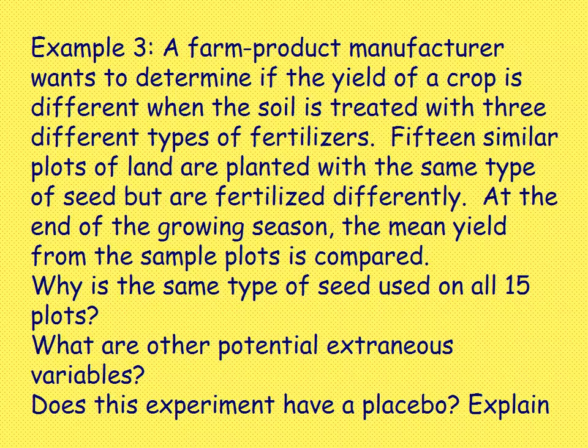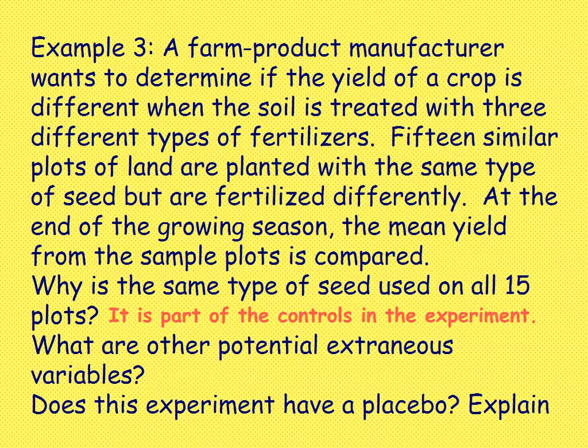Okay, now we'll go through one more here. Farm product manufacturer wants to determine if the yield of crops is different when the soil is treated with 3 different fertilizers. Why is the same type of seed used on all 15 plots? Okay, it's a control of the experiment.